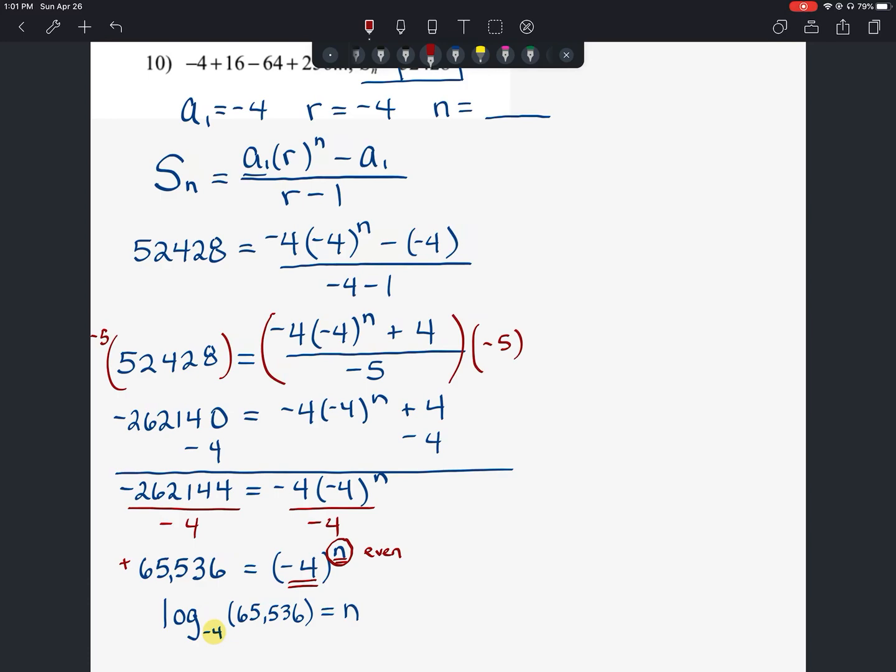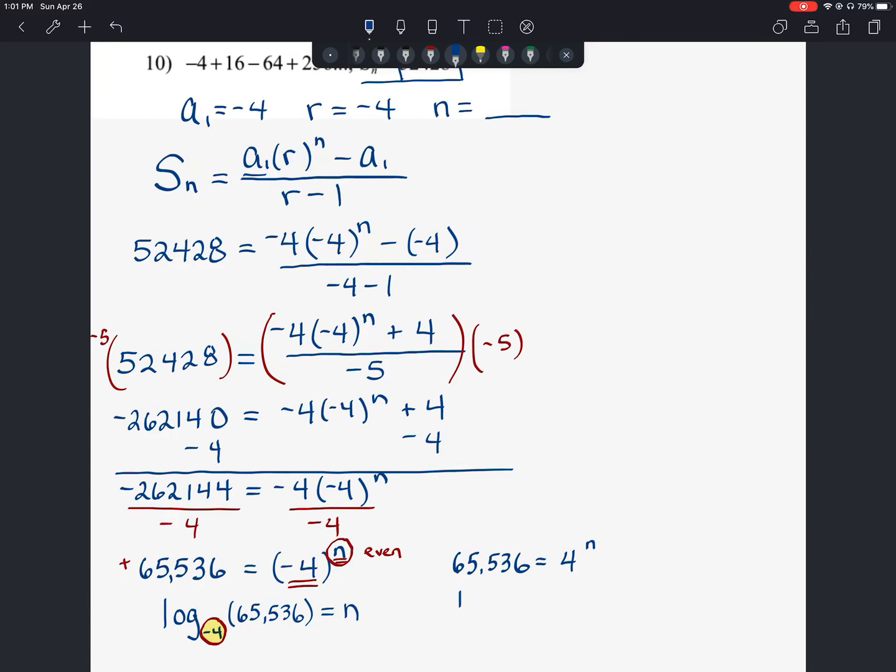So since we can't put this into the calculator, let's rewrite this problem as 65,536 is going to equal a +4 to the power of n. Because when I multiply positives times themselves, it's going to end up giving me a positive anyway. And since I can recognize that I'm going to have an even number of terms, it doesn't really matter if I use a positive or a negative as my base.